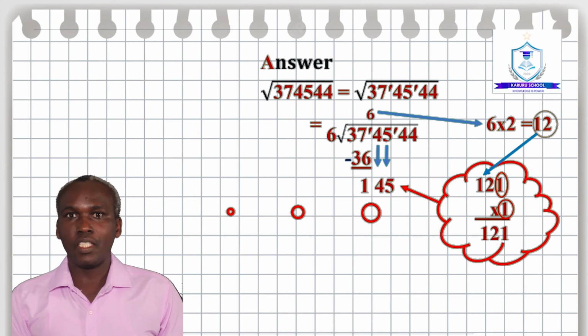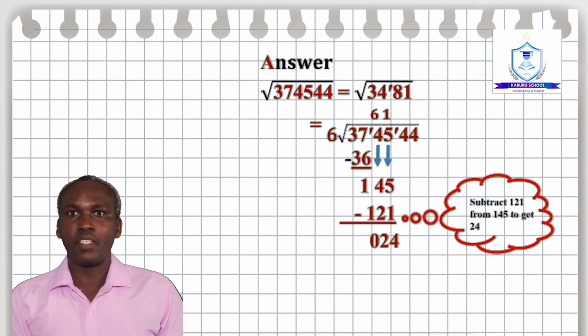So in this case, we'll only have to work with 1, and then we multiply 1 by 121 to get 121. We then find the difference by subtracting 121 from 145 to get 24 as the remainder.